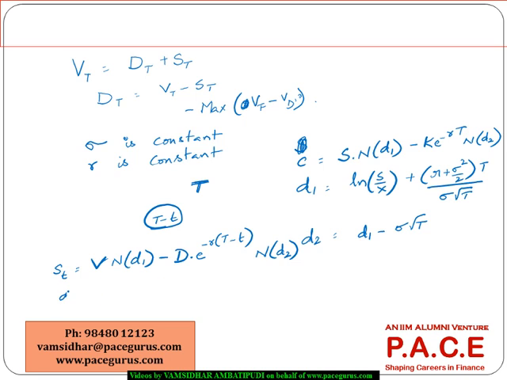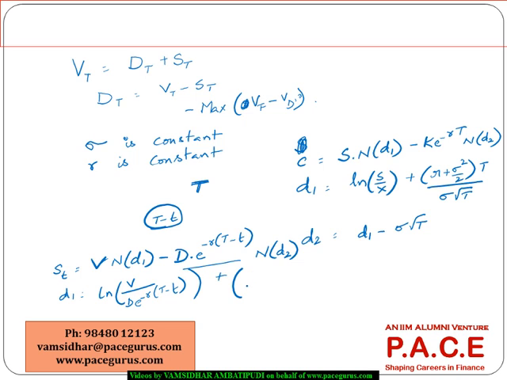Now d1, how do I write it? Log S will still remain the same, the value of the firm, but the strike price I should write as the present value of the debt. So I'll write log of S by X plus... when I am talking about r as of today, r comes into the picture, which is the risk-free rate of return.